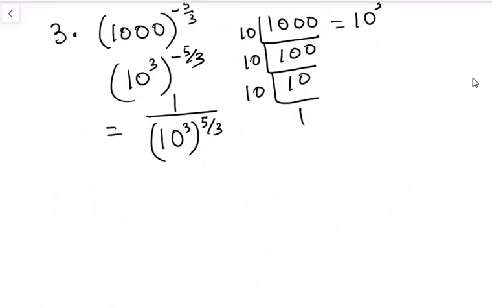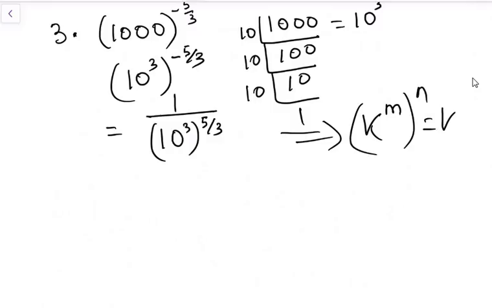So, can you help me from here? We apply the same law of indices, where we have k raised to power m, raised to power n. And we can now say 1 over 10 raised to power 3 times 5 over 3.